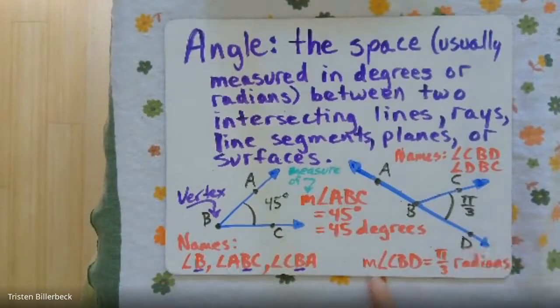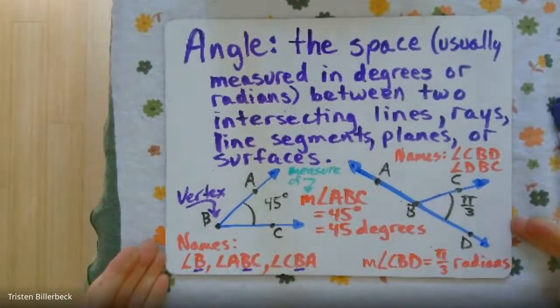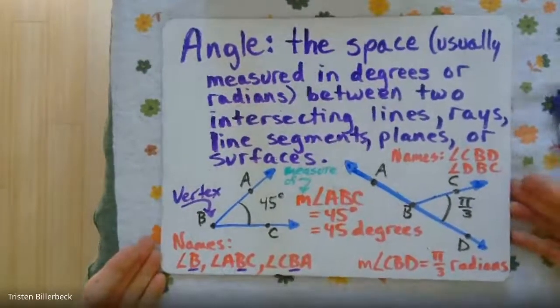This one, we would say the measure of angle CBD equals pi over 3 radians. Whenever you see pi, you are in radians, not degrees. You won't see that for a long time, but I'm just showing you because we're learning about angles.